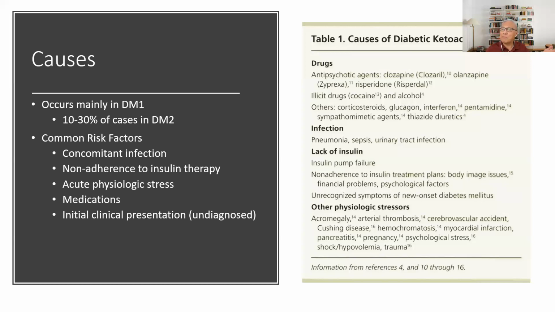So the patient might be treating themselves okay with anti-diabetic drugs, including insulin, but if they have an infection and they do not adjust their insulin dose or their anti-diabetic drugs, then this could result in diabetic ketoacidosis. So remember, it is the most common scenario for diabetic ketoacidosis.